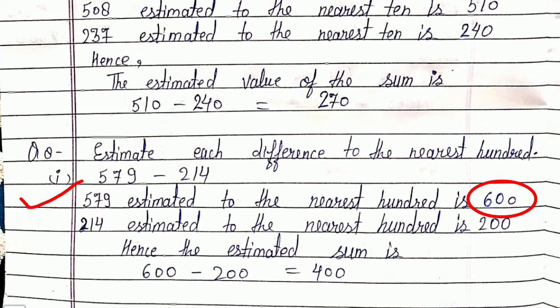Here 7 is greater than 5, so we will add 1 to the rounding place. 214 estimated to the nearest 100 is 200 because here 1 is less than 5, we will not change any digit. Hence the estimated difference is 600 minus 200, which is equal to 400.